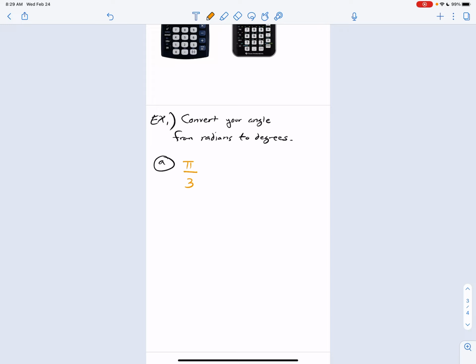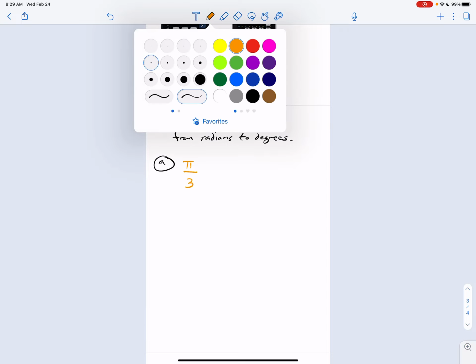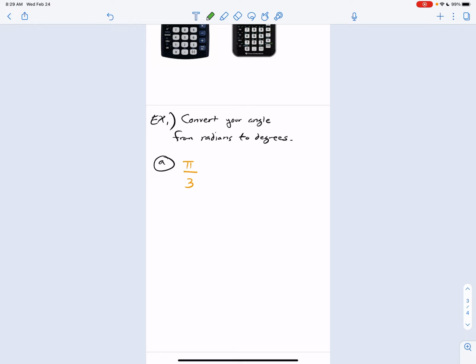Here's the first method, your t-chart. This is what we're used to. We're going to draw a t-chart to separate the numerators from the denominators. We're going to do the exact same thing.